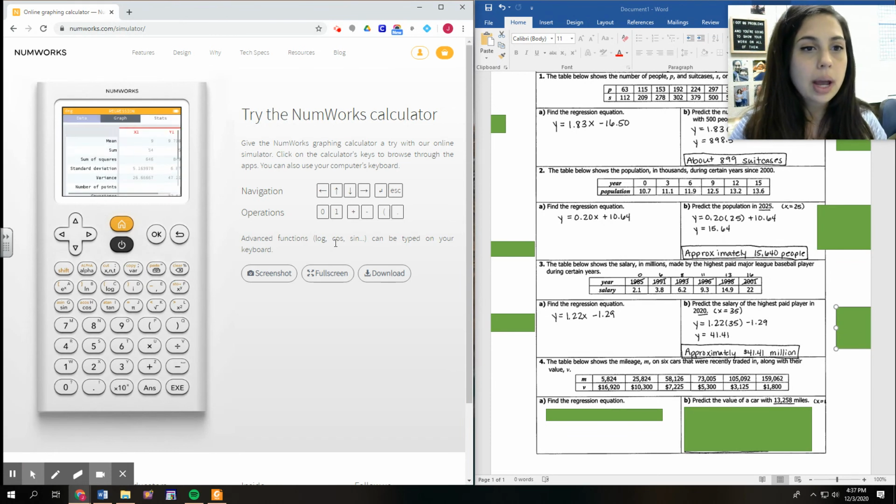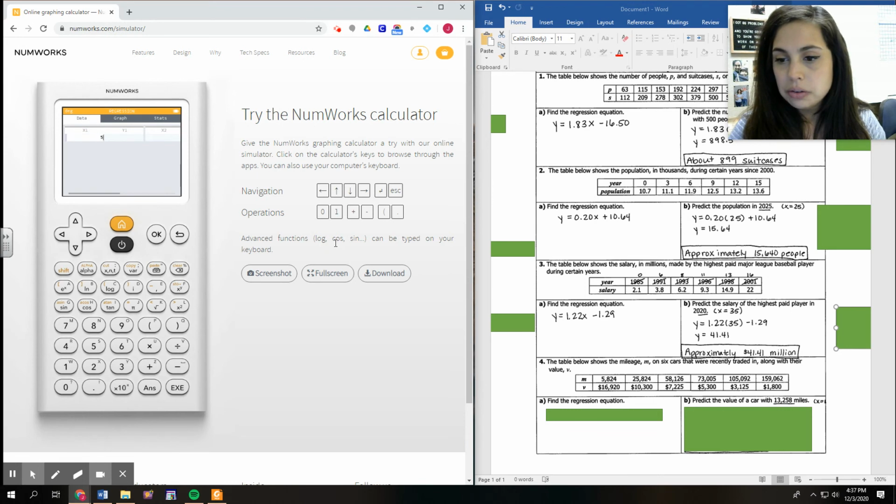So going back all the way up over to data, backspace all of these out, we'll do 5824. So I'm just putting in the x values here, 9062, okay? And then the y values that correspond are going to be 16, 0, 10, okay, so there are all of our points there.